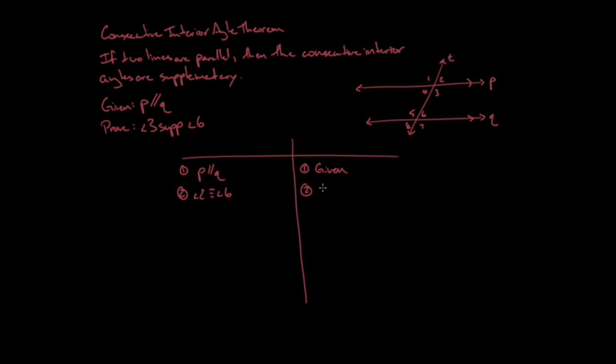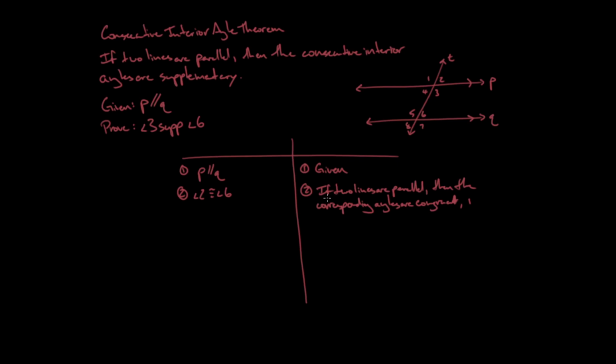My reason for that is if two lines are parallel, then the corresponding angles are congruent. There we go. Okay, so that's great. That's how I'm going to link these together.